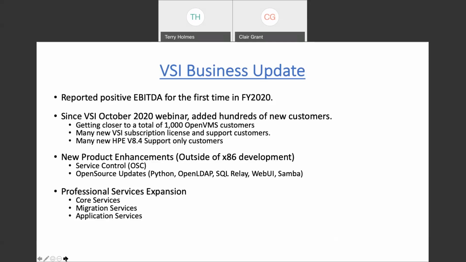And of course, with the x86 product coming out, as Clair is going to go into lots of details on, we anticipate that the customers will want to be guided in that process. And we have the capability, obviously, and we have the resources to help you with that.